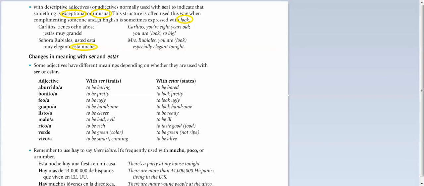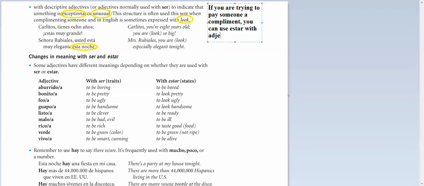Okay, if you are trying to pay someone a compliment, you can use estar with adjectives that normally get paired with ser.